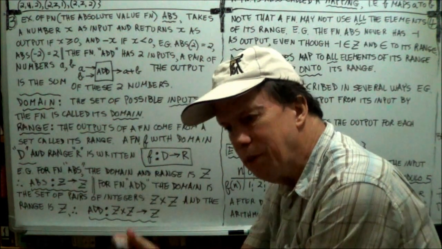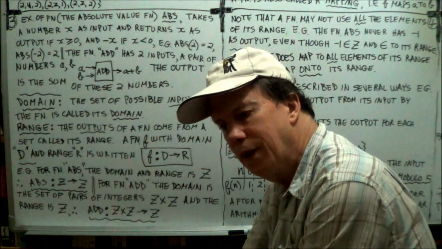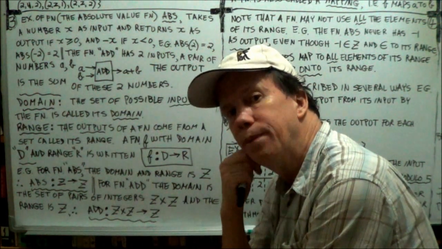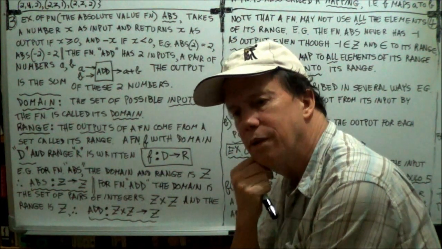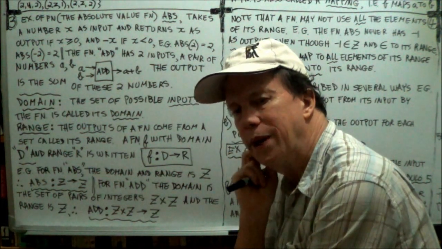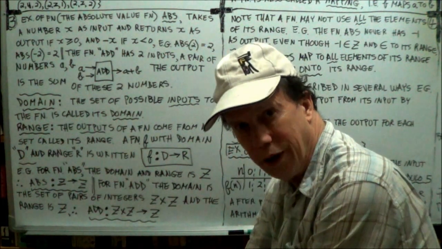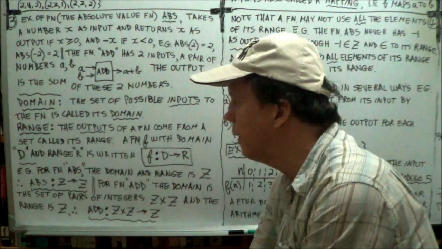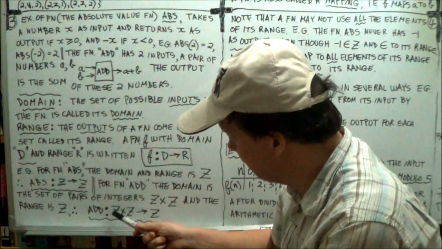We've got two of them coming in, so let's model the input as an ordered pair, A comma B. Those ordered pairs, by definition, are elements of a Cartesian product, right? A cross big B. So let's make our domain then.